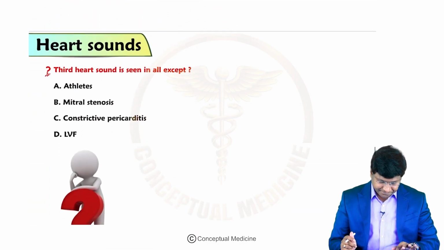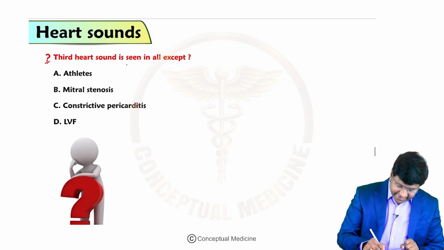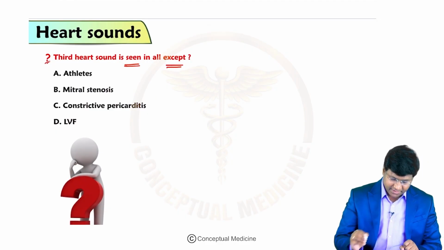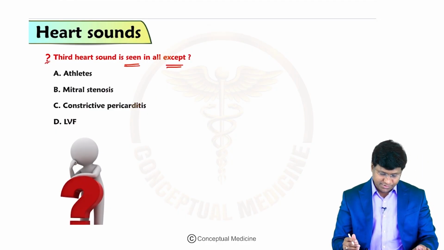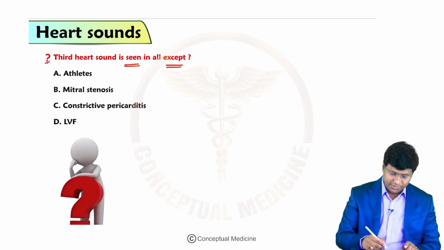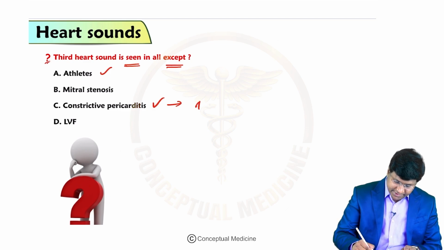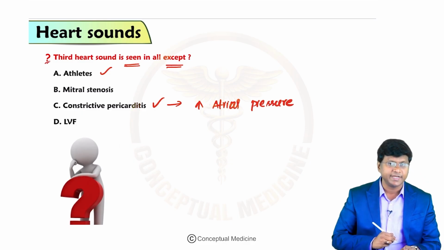Then the third heart sound is seen in all except athletes, mitral stenosis, constrictive pericarditis, left ventricular failure. In athletes, you will have the third heart sound. Even in patients with constrictive pericarditis, there is increase in the atrial pressure.